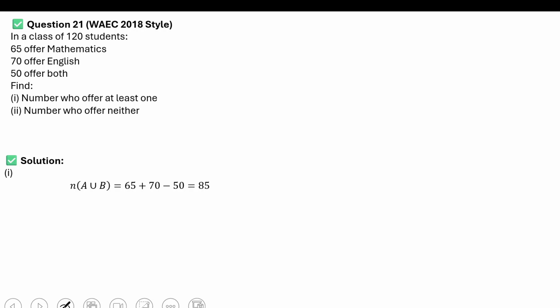By the time you do this maths, this and this will give us 85, right? But you know we have 120 somewhere. So if you subtract 85 from 120, you will see the number who offer neither.